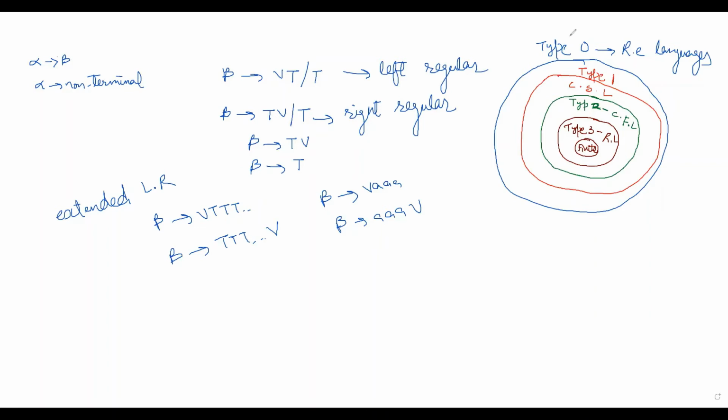Okay, so this Chomsky hierarchy includes, at the top, type 0 language, or we can say type 0 grammars, then we have type 1, then type 2, then type 3. And for type 3 we have finite automata. For type 2 we have push down automata.